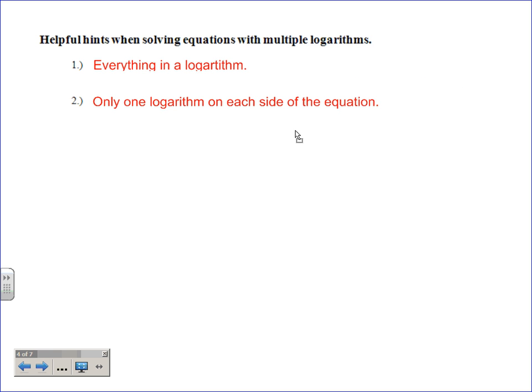And the second one, only one logarithm on each side of the equation. Because if everything's in a log and there's only one on each side, what can you then do? You did it tons of times on today's worksheet. What were you allowed to do once you had that? Yeah, just cancel them.